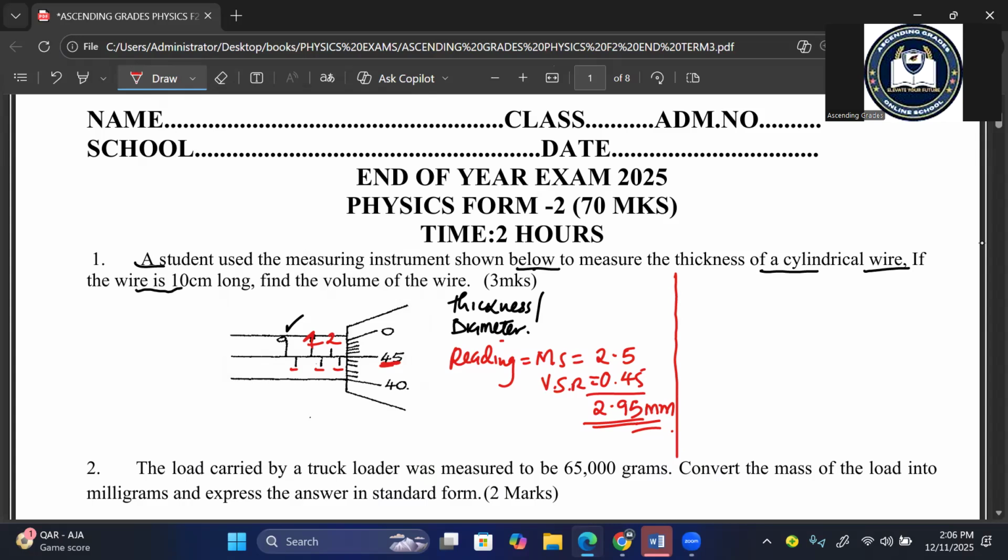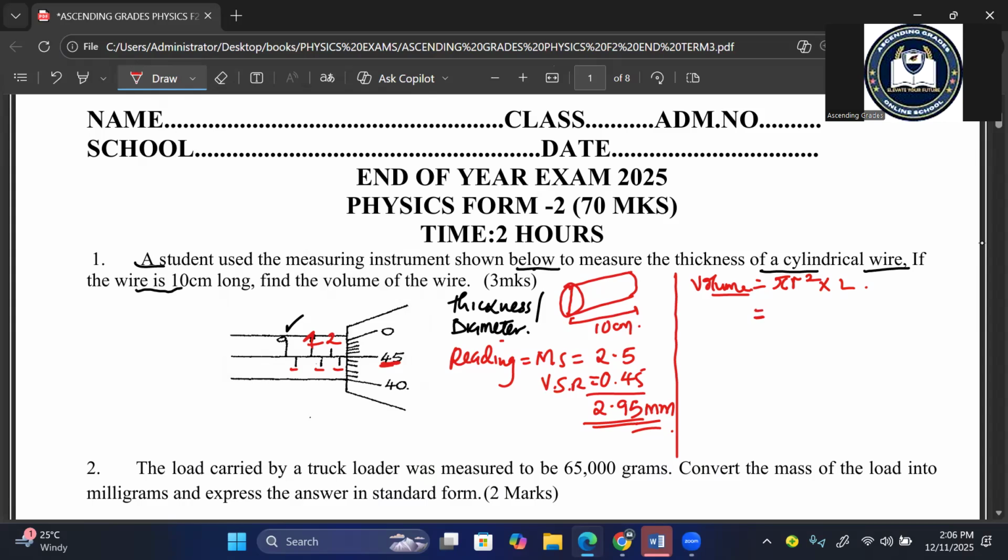Okay. So now we must get the volume. So what will be the shaping of this wire? It will be in this manner. So now we have got the diameter. We have the length of 10 centimeters. So we know that volume will be given by the cross-sectional area, pi r squared, times the length.